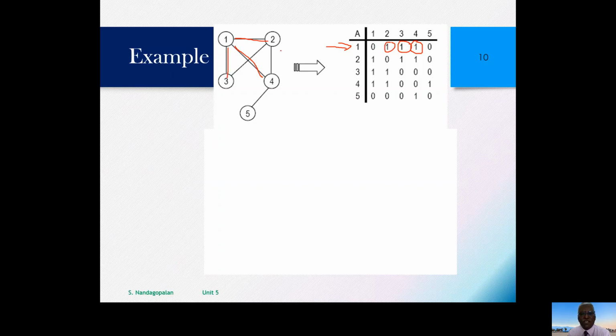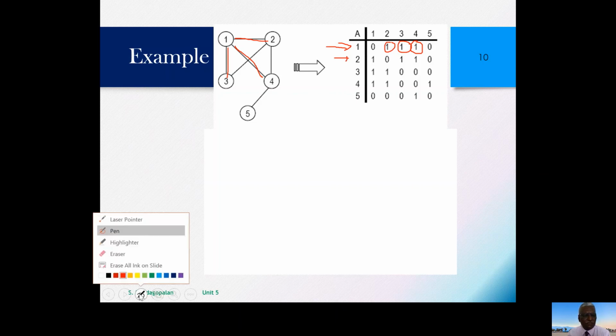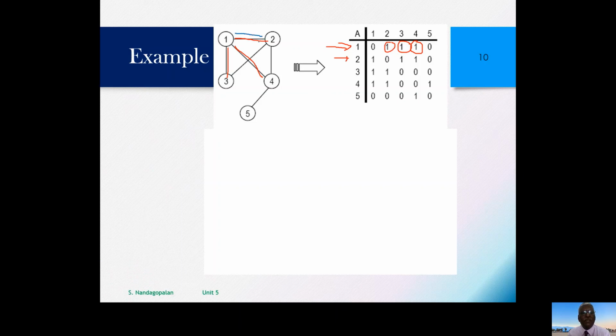Similarly, let's take vertex 2. From 2, I have 2 to 1, 2 to 3, 2 to 4. You can see 2 to 1, 2 to 3, 2 to 4 are marked as 1 and the rest as 0.